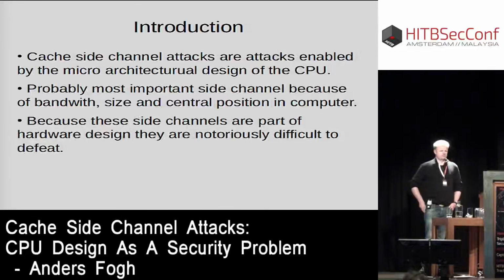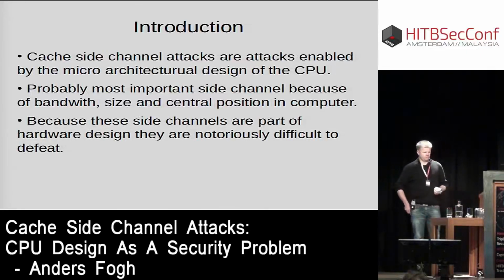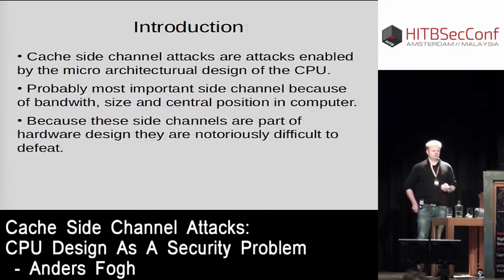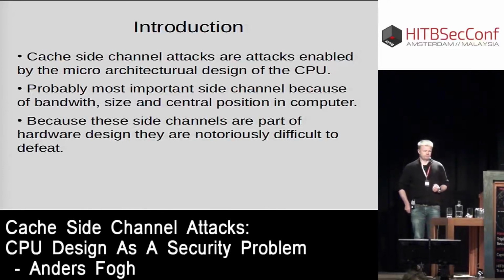Cache side channel attacks are probably the most important side channel in modern computers because of the bandwidth that the memory subsystem holds, because of the size of modern caches that measures in megabytes, and the central position in the computer system. With the bandwidth, it's just a matter of how much data you can get across your side channel. The size makes data stay longer and makes it possible to actually get the data out of the side channel.